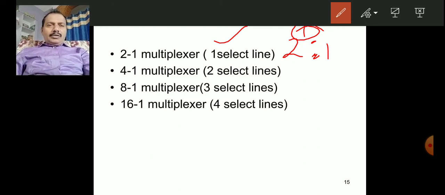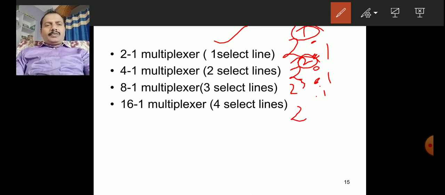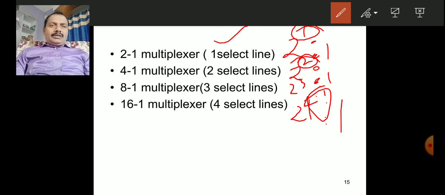How? This 4 you can express as 2 power 2 to 1. That is 2 select lines you have. Similarly, 8 to 1, 2 power 3, 3 select lines. This is a 16 to 1 multiplexer, 2 power 4. So 4 select lines. So like this, there are different kinds of multiplexers available to us.